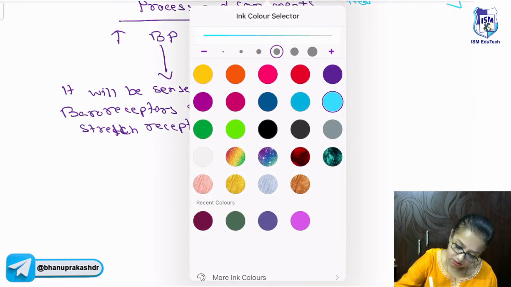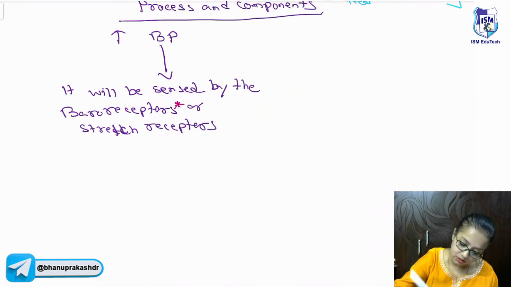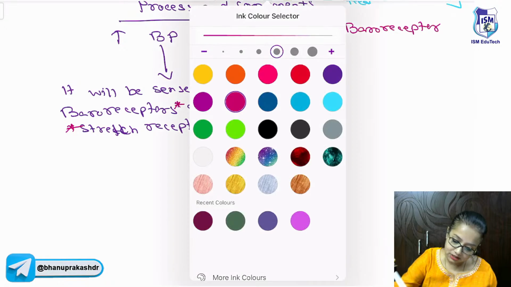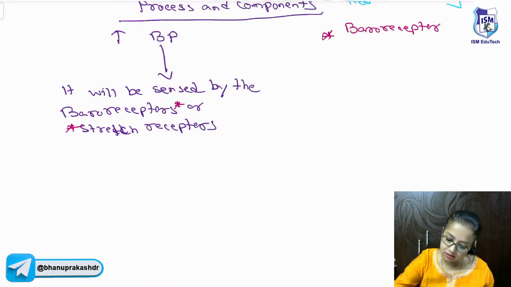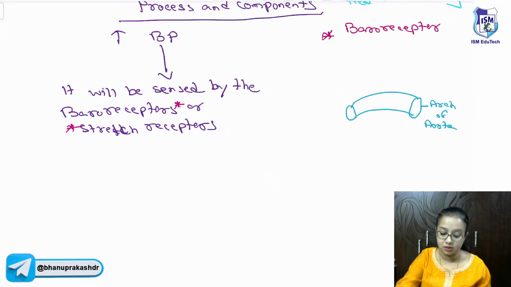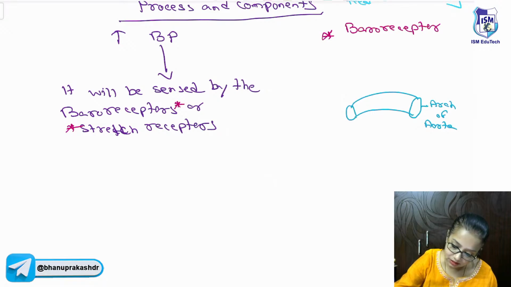Now, here comes the question: what are the baroreceptors or the stretch receptors? Let's talk about it. I'm writing it here. There is the arch of aorta, and there is a dilation in the carotid artery.